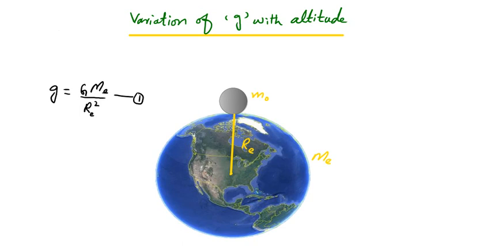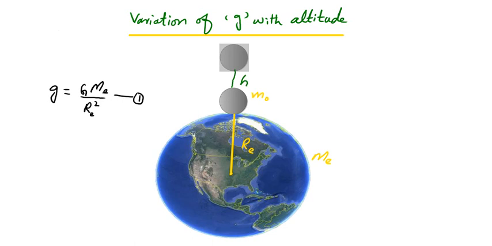However, now if we place this object above it, what will happen? For example, if we move this object to some height, let's say over here, now the distance is different, and we consider that the distance we now cover is h.